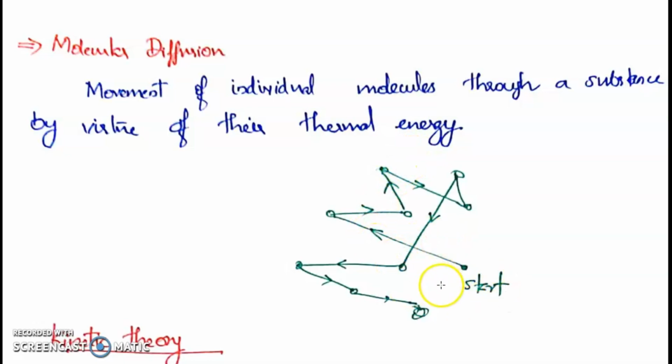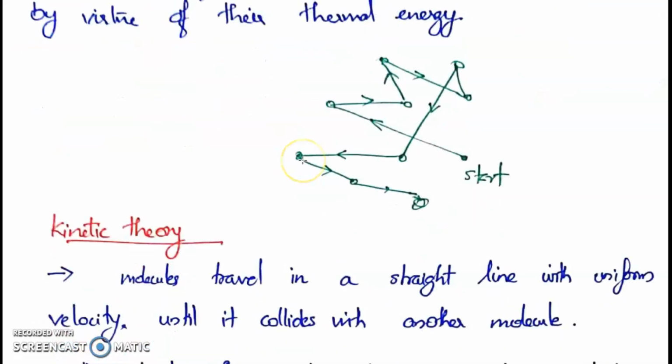So what you see here is a trajectory of a molecule. Since I've told you the movement is due to thermal energy, let's recall kinetic theory, which states that molecules travel in a straight line with a uniform velocity until they collide with another molecule. So let's say the molecule starts from this particular point, so it moves in a straight line until it is hit by another molecule, thereby changing its direction and the value of its velocity.